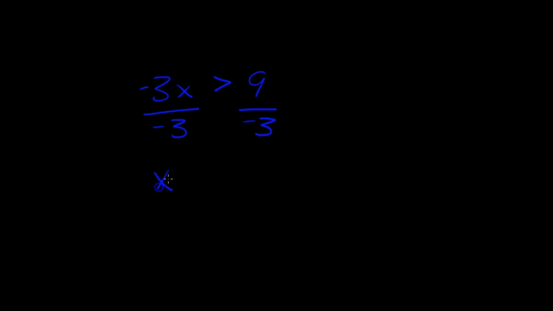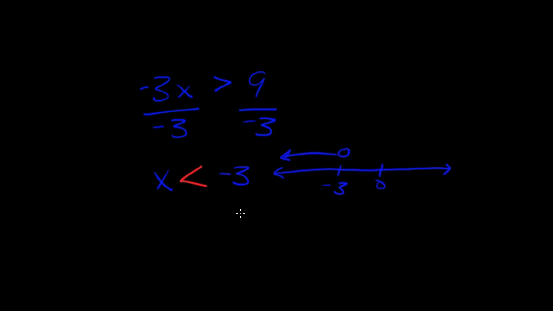Because we divided by a negative number to solve this, we have to change the inequality. So on a number line, the solutions would look like this. Here's 0, here's negative 3. We would have an open circle, and then we would draw the arrow going off to the left because we want numbers that are less than negative 3.